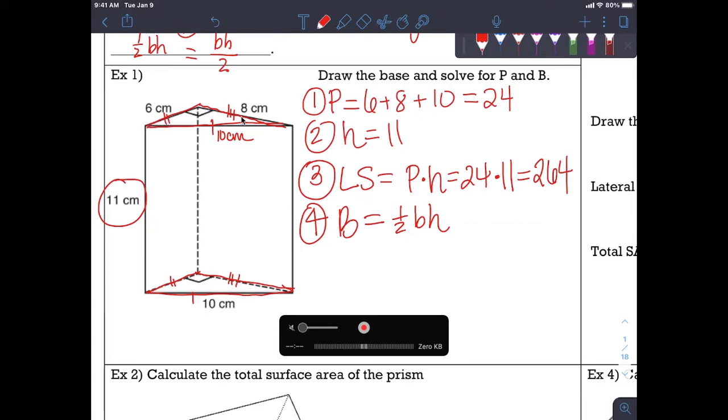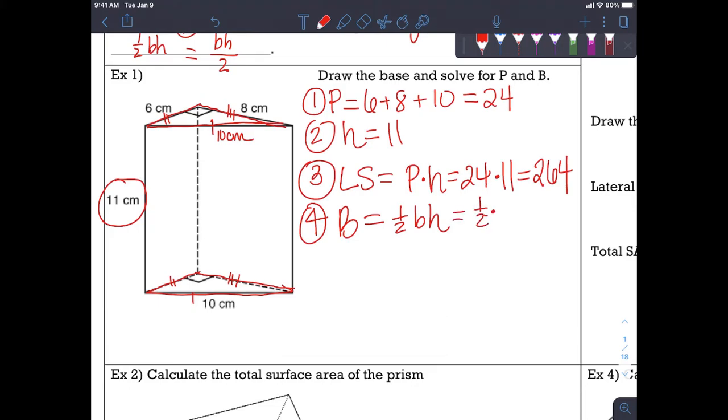So I see here that this could be a height, because if I use this 10 as the base of my triangle, I'd have to calculate the height. I don't want to do all that. So I'm going to use this as my base. This is my height. So 1/2 times base times height, and I get an area of my base of 24.